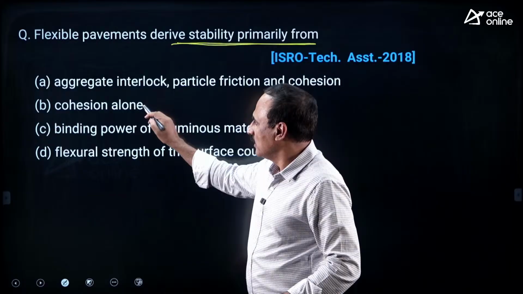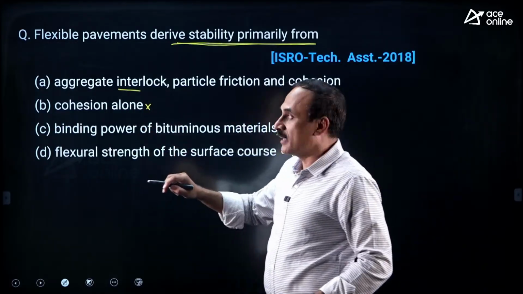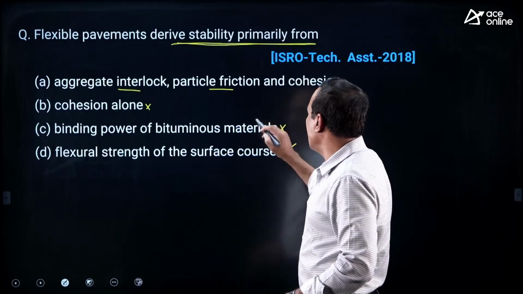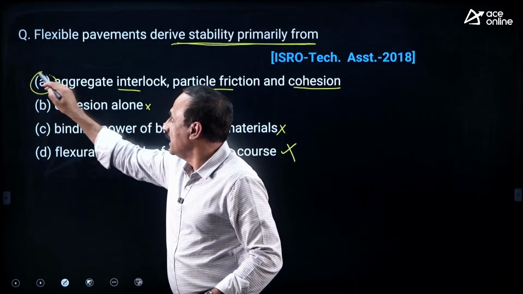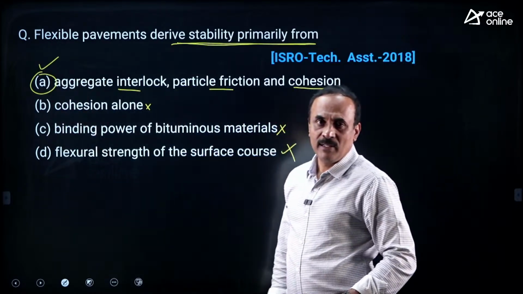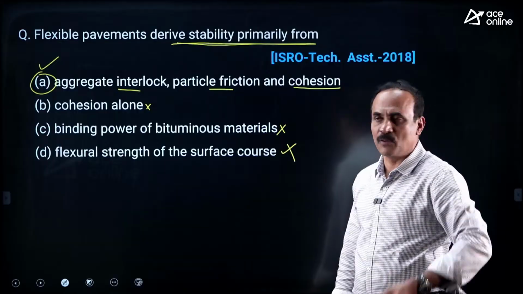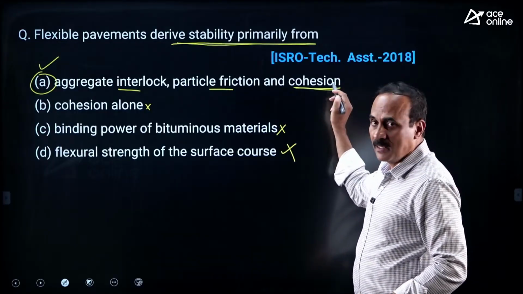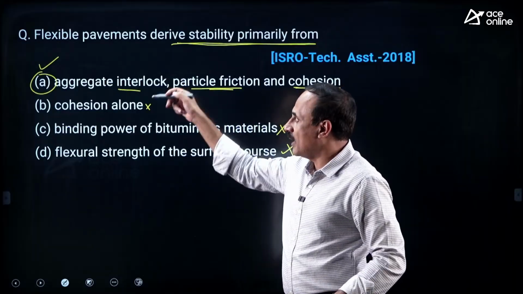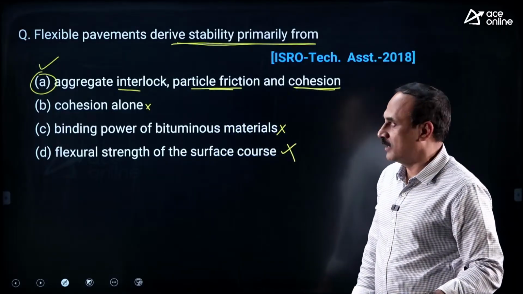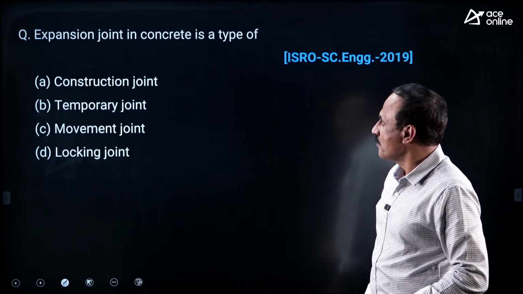Cohesion alone, apart from cohesion alone, it is interlocking of the aggregates, friction between the particles and cohesion are helping factors in flexible pavement. Generally flexible pavements are BT roads, WBM roads, gravel roads, earthen roads. You require cohesion, attachment between particles, same particles, friction is required, interlocking of aggregate is also required. So, answer is America.